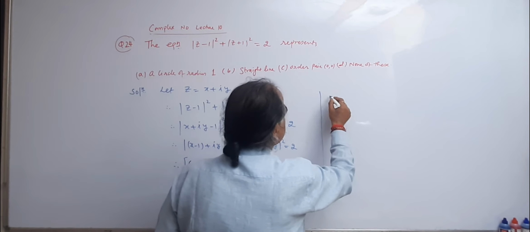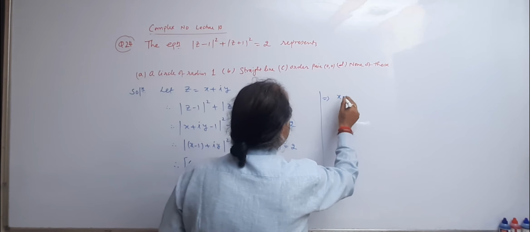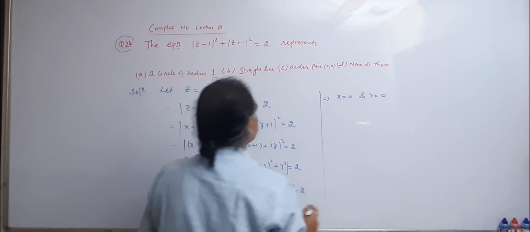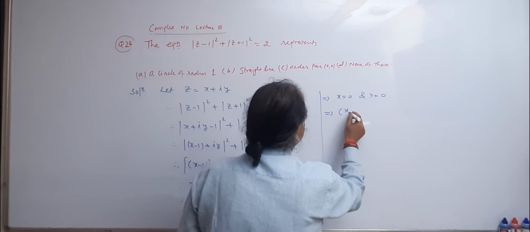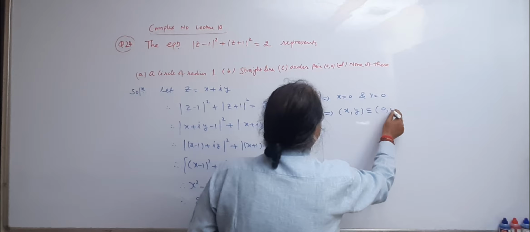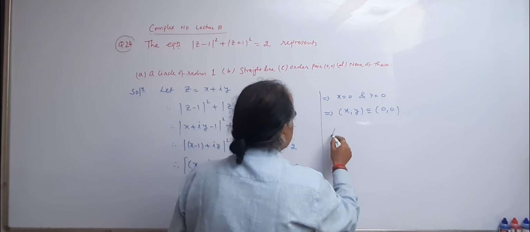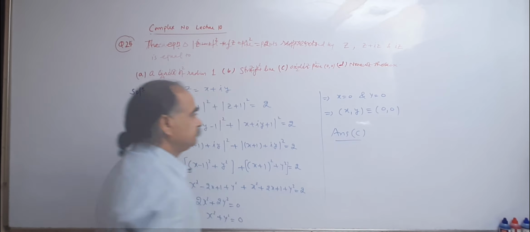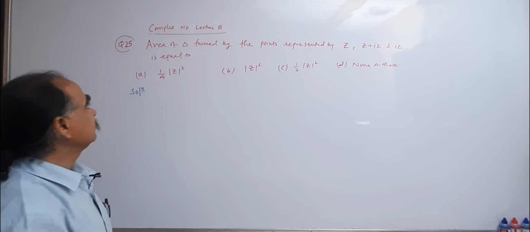So, this means x has to be 0 and y is equal to 0. So, xy is what? 0, 0. So, it is ordered pair 0, 0. Answer C.